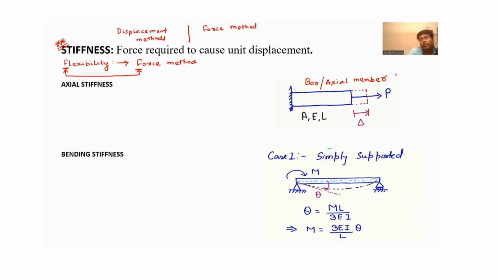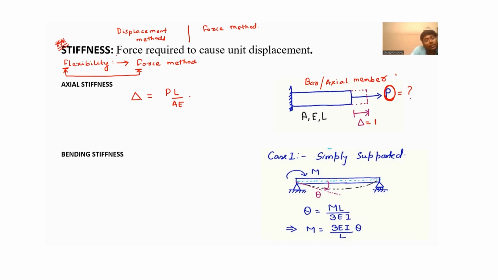You have to apply a load P to create this displacement as unit. Then, what will be the value of this P? We know delta is given as PL by AE. Correct?